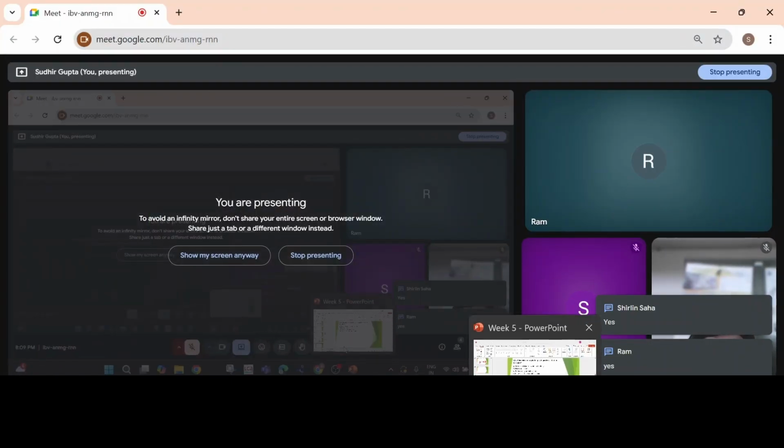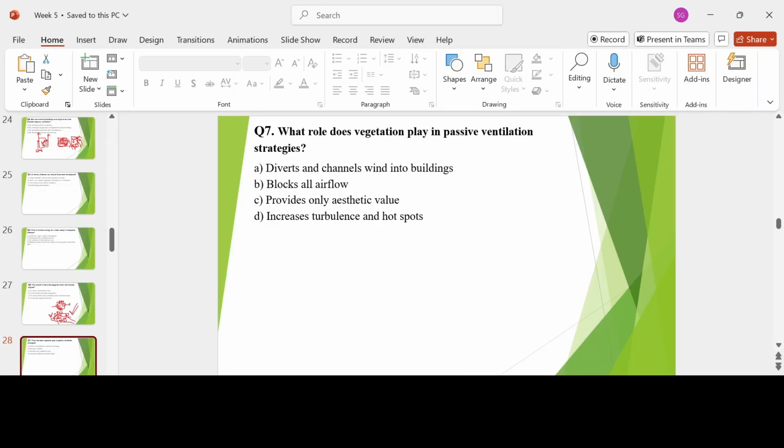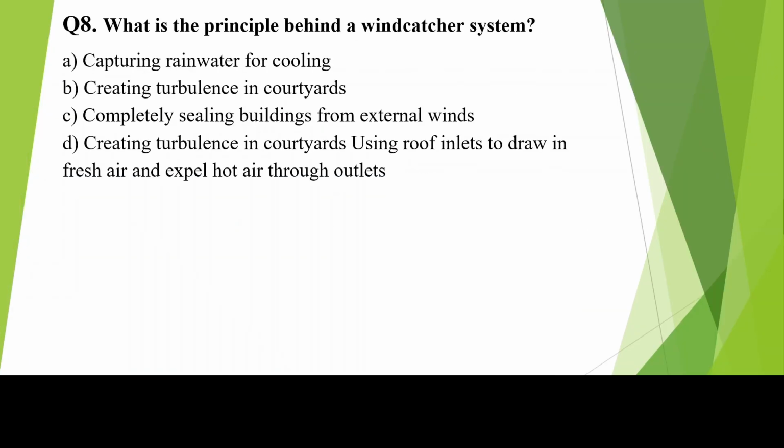Yes. So then let's move to the next question. Question number 8. Here is question number 8 for all of you who have completed question number 7. What is the principle behind a wind catcher system?